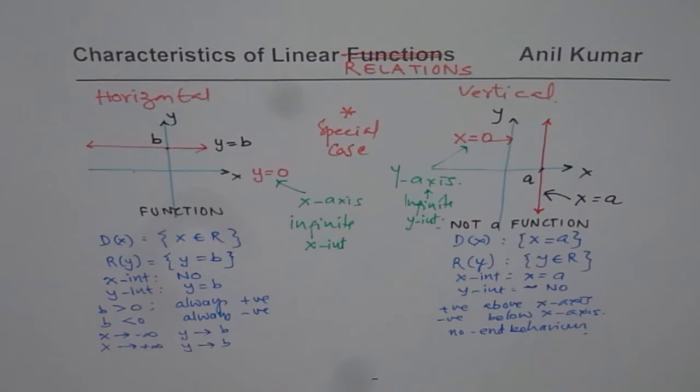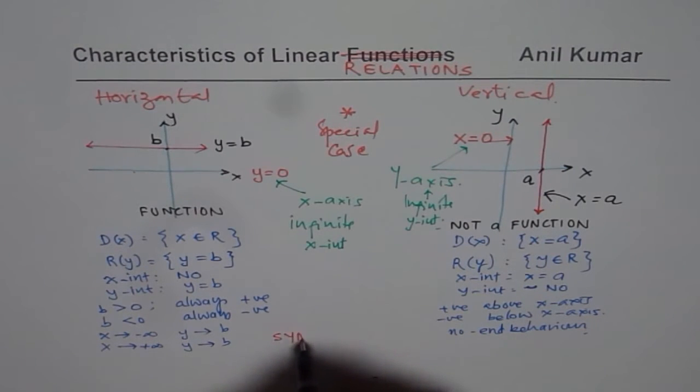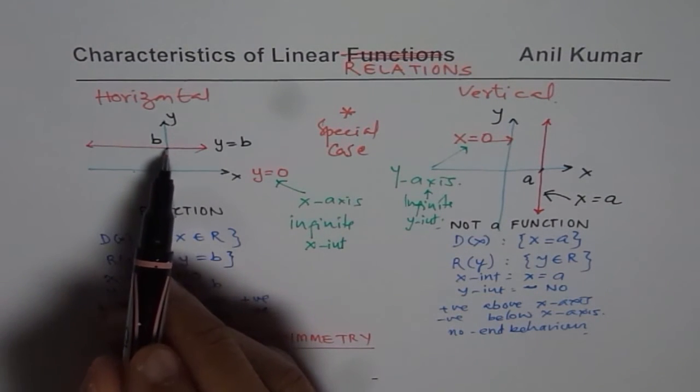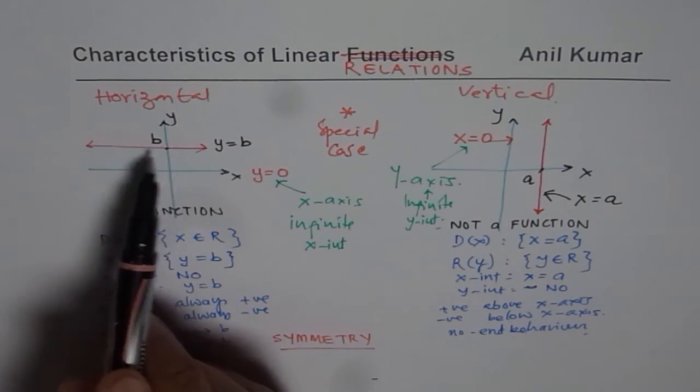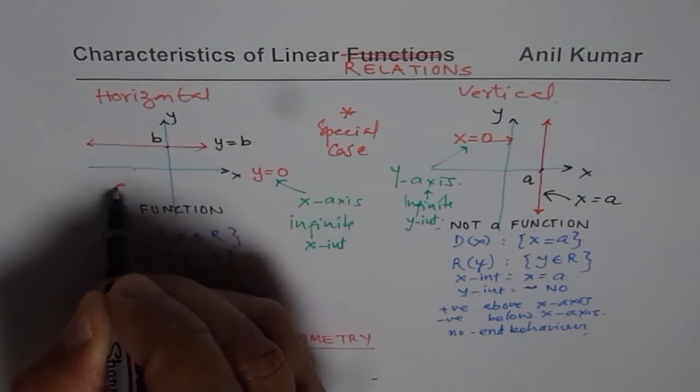One aspect which I haven't discussed in these is symmetry. So let me talk about it now. You can see this line is symmetric about the y-axis, right? This line is symmetric about the y-axis. We also say this is an even function.